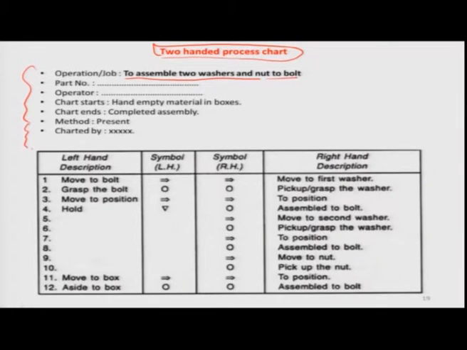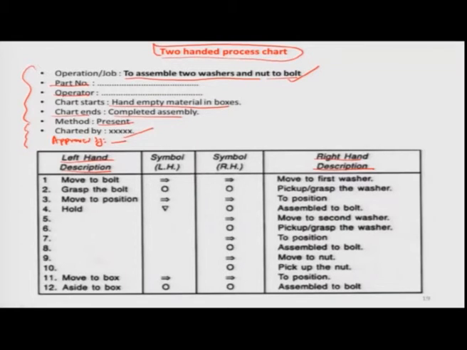Wherever you get this kind of chart, there should be some coding: part number for recognition purposes, the operator who has made it, where the chart starts and ends, completed assembly, method, and charted by and approved by. In some charts the date is also there. Here you have to assemble two washers and a nut to a bolt.